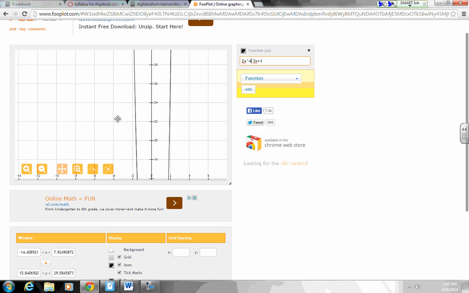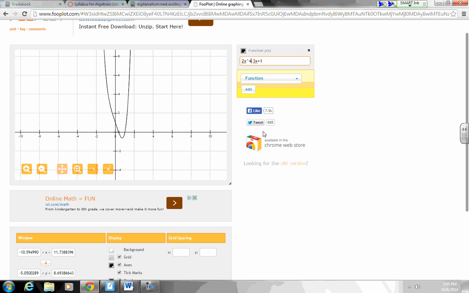If I try to use Fooplot on this function, it'll just look bad, because I don't know how low it goes, I don't know how high it goes. But if I type in 2 times x plus 4 to the third, and then what?